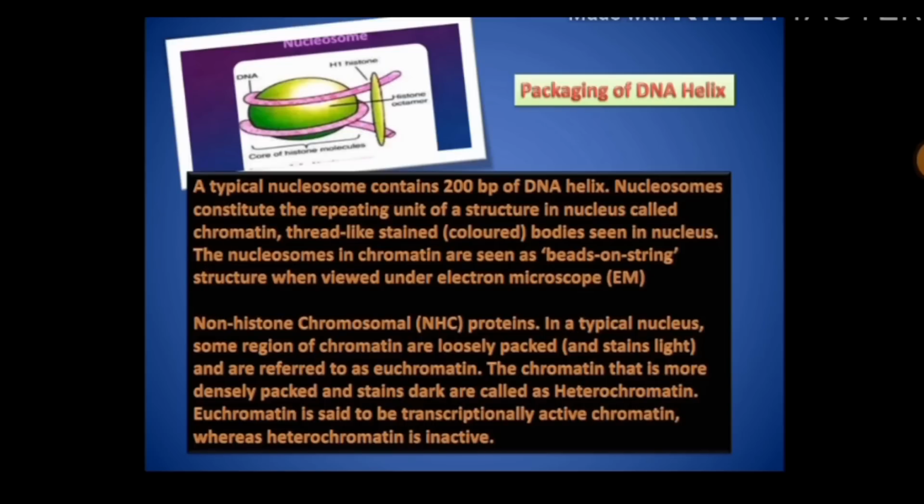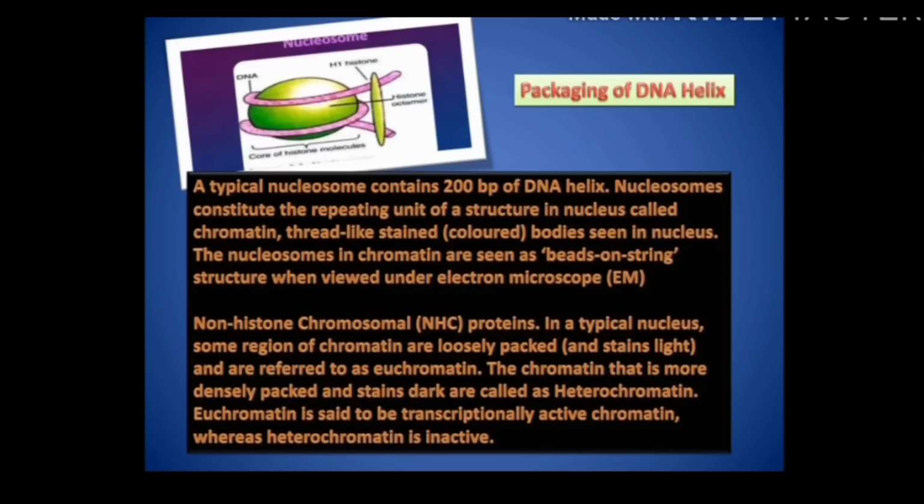So children, there are two forms of chromatin. One is euchromatin and the other one is heterochromatin. Now why am I suddenly discussing the forms of chromatin? The coiling and the condensing of the chromatin actually forms the chromosomes, and you all know how important chromosomes are for the process of inheritance, right?